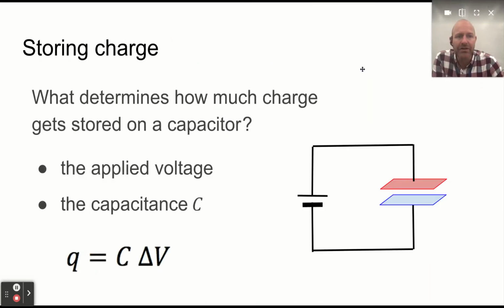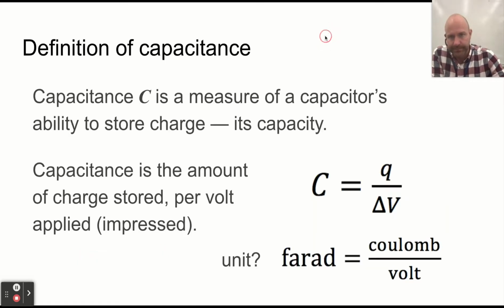So how does this actually work, and how do we determine how much charge we can store? Well, the basic relationship is that Q, the amount of charge that can be stored, is equal to C, the capacitance, times the potential, or the potential difference that you apply to the capacitor. We define capacitance as charge per volt, basically farads, coulombs per volt.